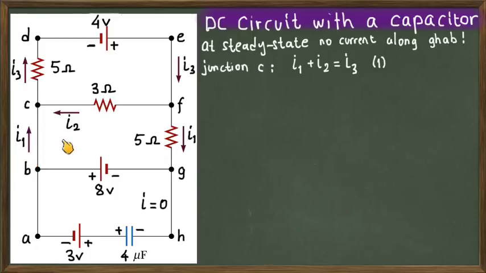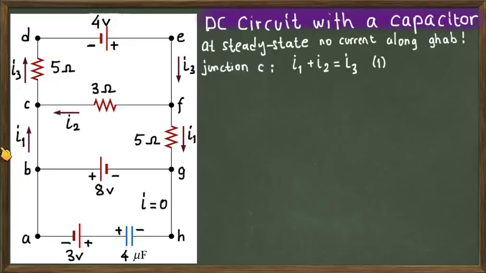So there is no problem in choosing any direction. It's totally up to you, as long as you don't have a junction on which all the currents are incoming. This is not an acceptable situation. So you choose the directions so that some currents are going into the junction and some of the currents are going out of the junction.